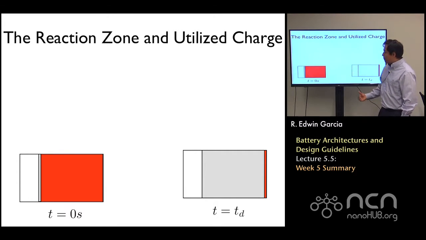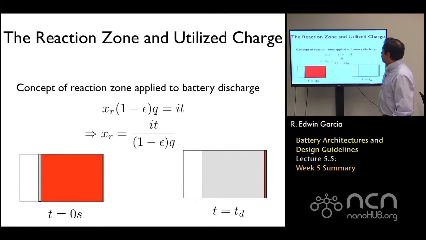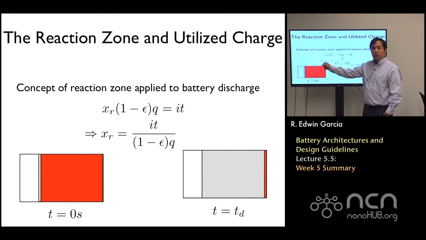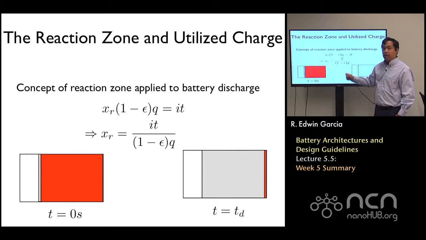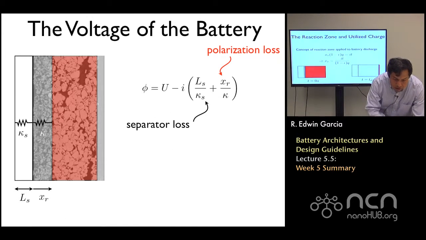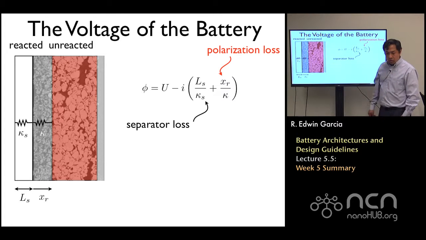Okay, if we balance how much charge is coming here, which is effectively the current times the time, and relate that to the capacity of the particles and the porosity of the system, then we can readily specify, in this case, the reaction zone position as a function of the current density, the charge, basically think of it in terms of the solubility limit of the cell, and the porosity of the cell. If you do that, then you can balance the different contributions for the cell.